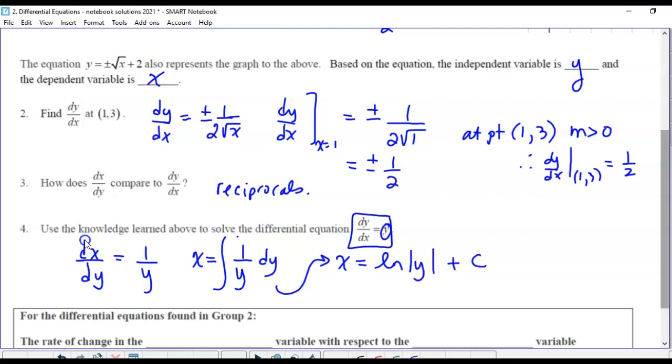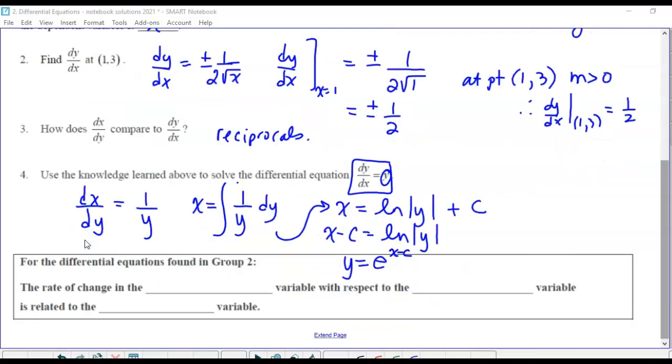Okay, then we need to get it back in terms of y equals. So now that will be x minus c equals ln absolute value of y. So then y will equal e to the (x minus c). Okay. We don't need the absolute value anymore because there's no way e to the (x minus c) would be negative.